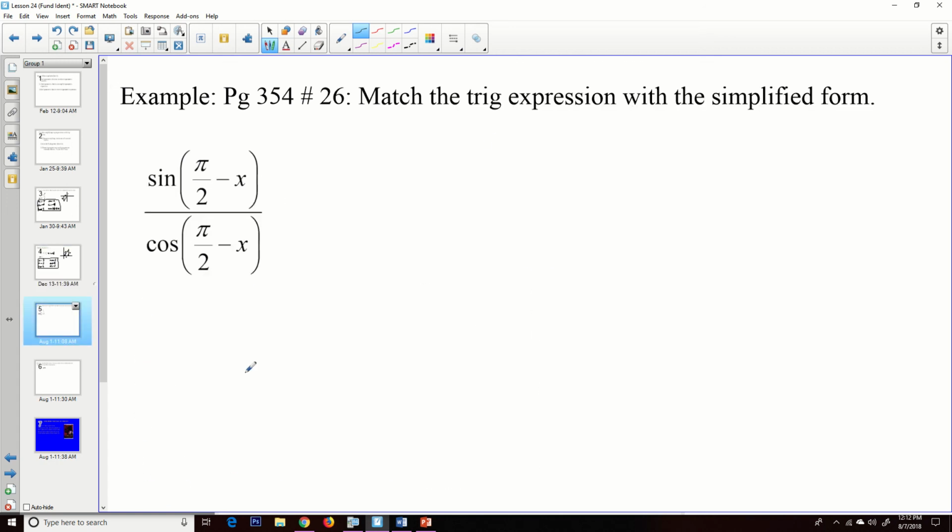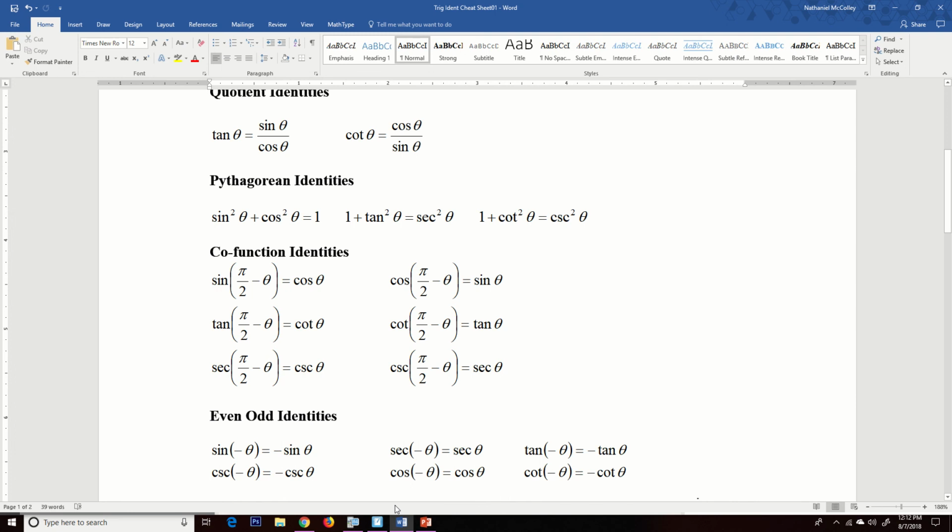All right, match the trig expression with a simplified form. So again, here we have some of these co-function identities, and just like in the last one, the sine of pi over 2 minus theta is the cosine of theta, and the cosine of pi over 2 minus theta is equal to the sine of theta.